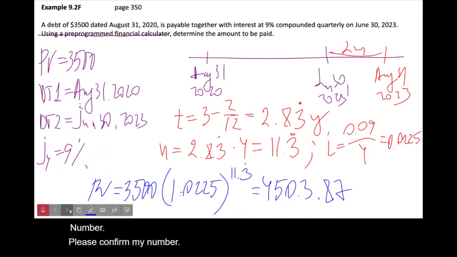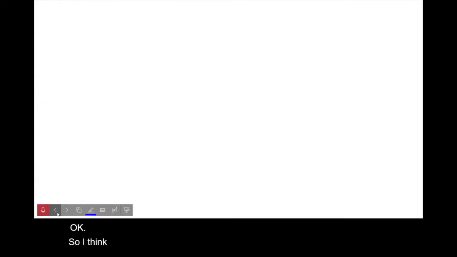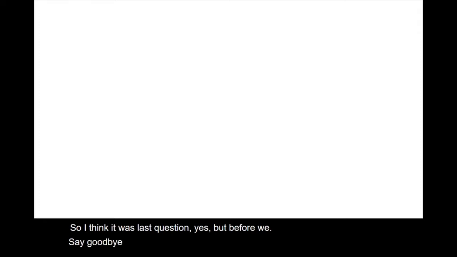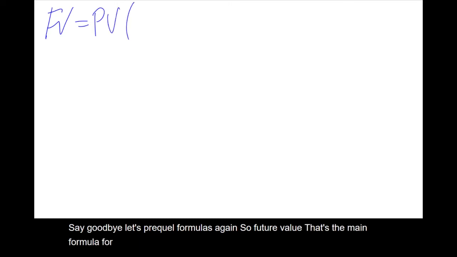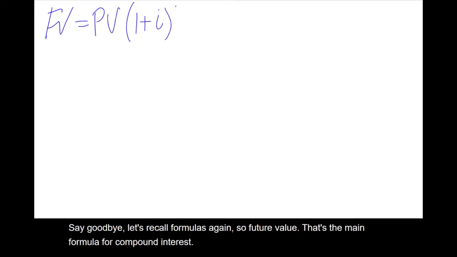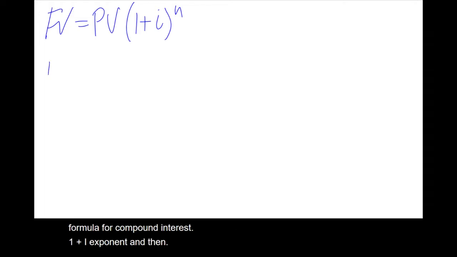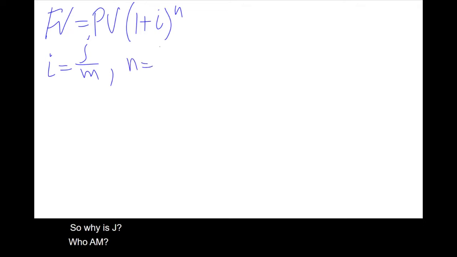Okay, so I think it was the last question, yes, but before we say goodbye, let's recall the formulas again. The future value, that's the main formula for compound interest: 1 plus i exponent n. So i is j over m, right? n is t times m, right?